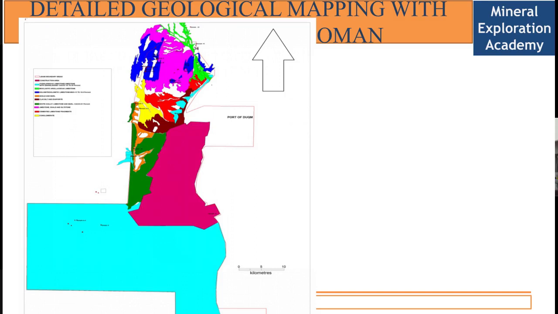The sky blue color is the Tertiary limestone. This is the fossiliferous fine-grained limestone. Here we have chalky limestone, and it has given CaO values of more than 50%, around 52, 51%, and at places the silica content is around 1%.